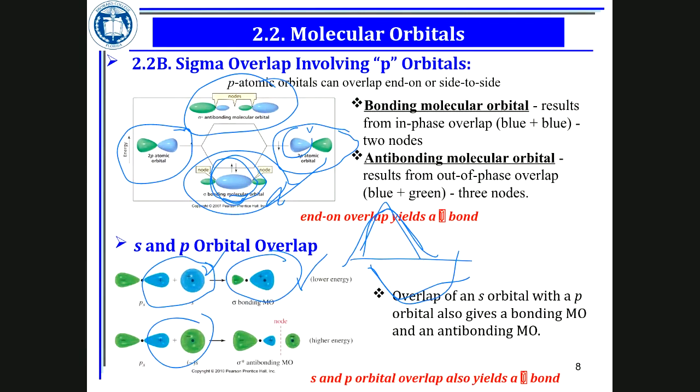So this is showing a different color or the same color as a translation of the waves being added, constructive or destructive. If it's the same color facing each other, it would be constructive. Different color, it would be destructive.